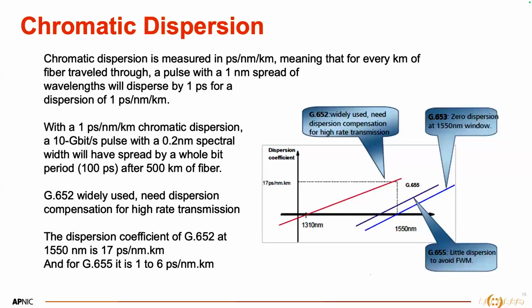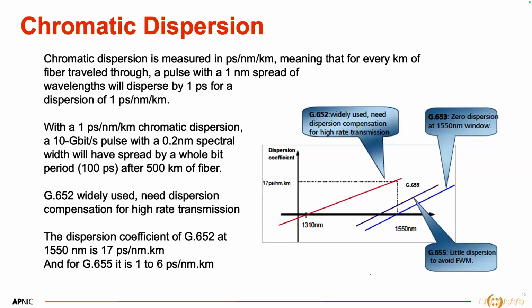There are different types of fiber which can be used in different scenarios, and these fibers have different specifics and characteristics. We will discuss the fibers in later slides. But for now, just grab the idea that using the appropriate fiber for the appropriate case can actually take care of chromatic dispersion.